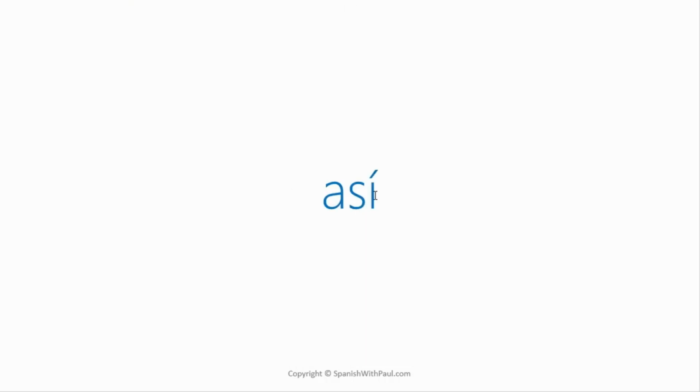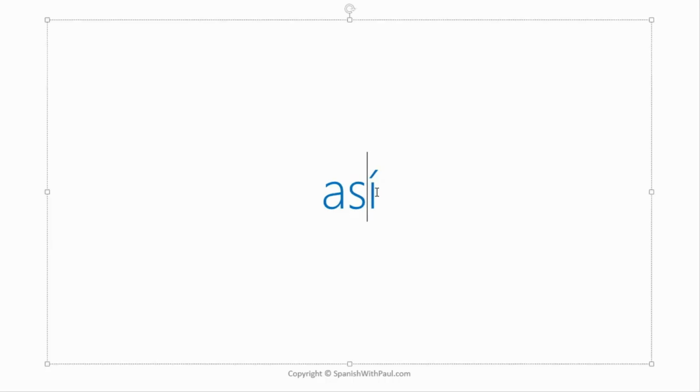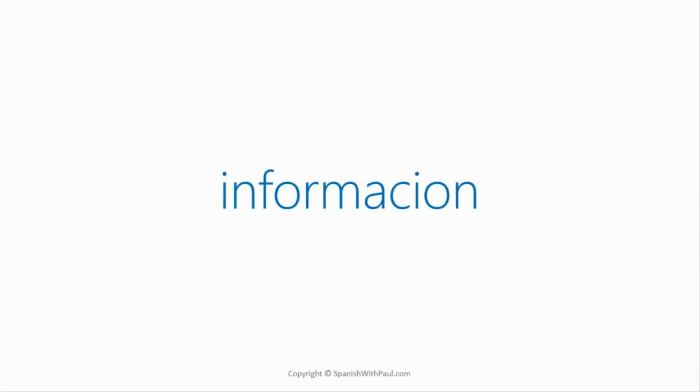And to indicate that this word breaks the rule, again, we have the accent over the I. So así, it's like this, like that, this way, that way. This is why paying attention to accents is so important in Spanish, because they're telling you how to pronounce the word correctly.